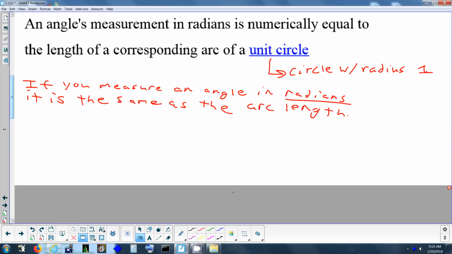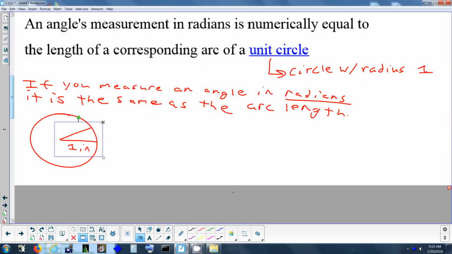Okay, so what that means, if I give you an actual example, let's say you measure an angle on a unit circle. And let's say this is 1 inch. And let's say you measure that angle and it comes out to 0.5 radians.